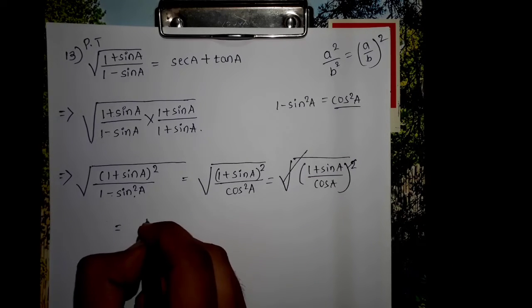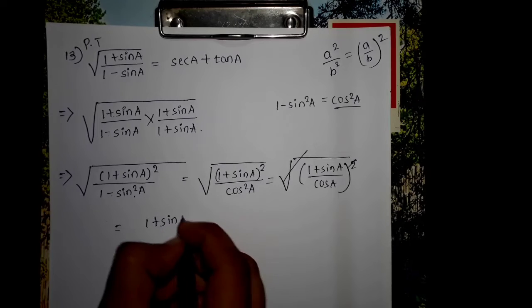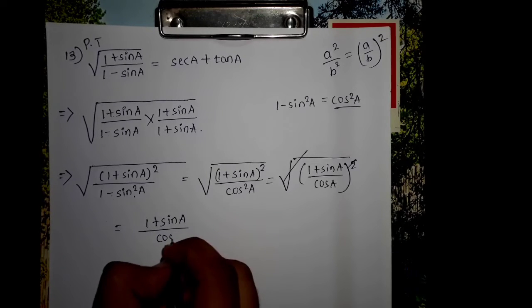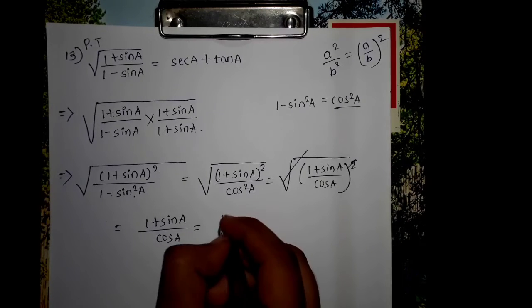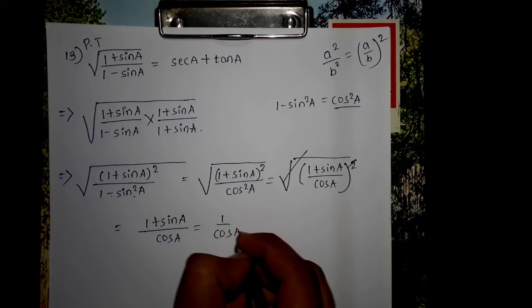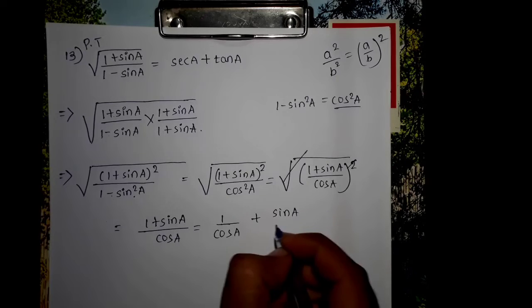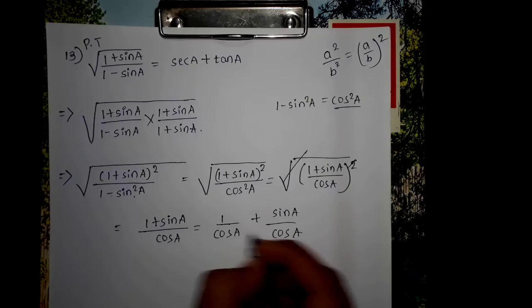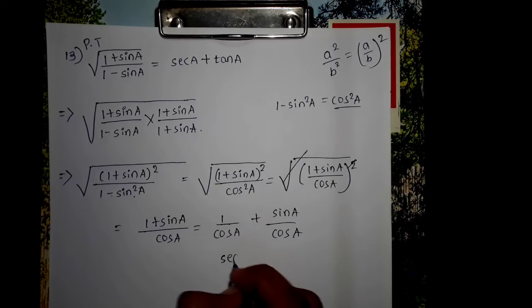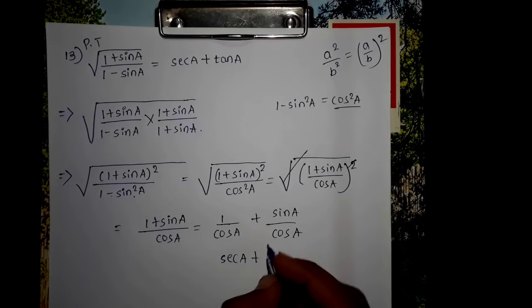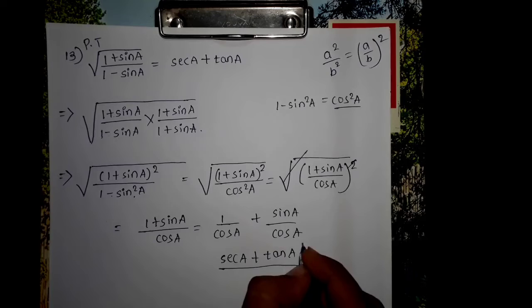That is equal to (1 + sinA) divided by cosA. Again 1 by cosA + sinA by cosA. What is 1 by cosA? secA, plus sinA by cosA is tanA. Therefore LHS is equal to RHS.